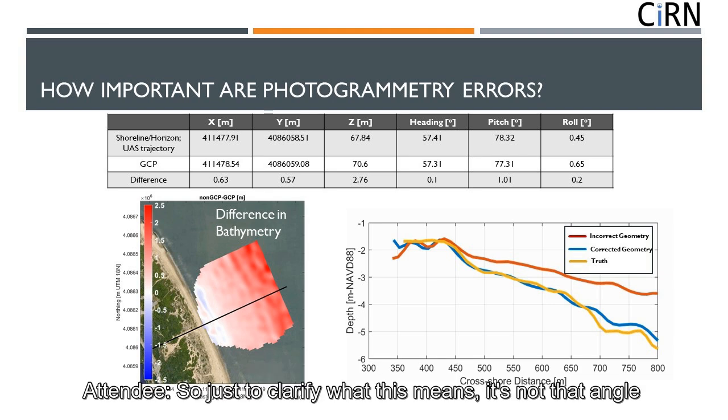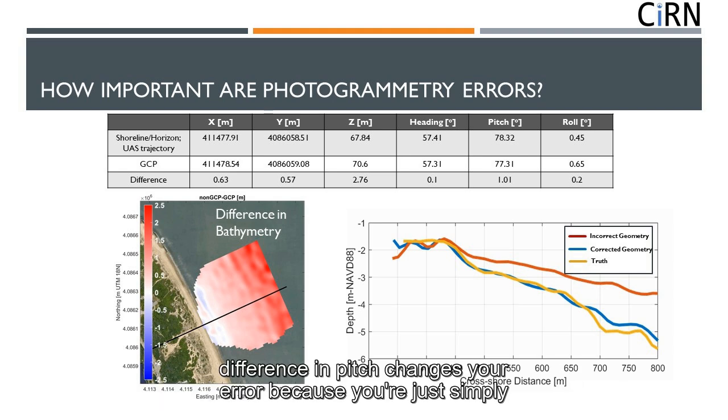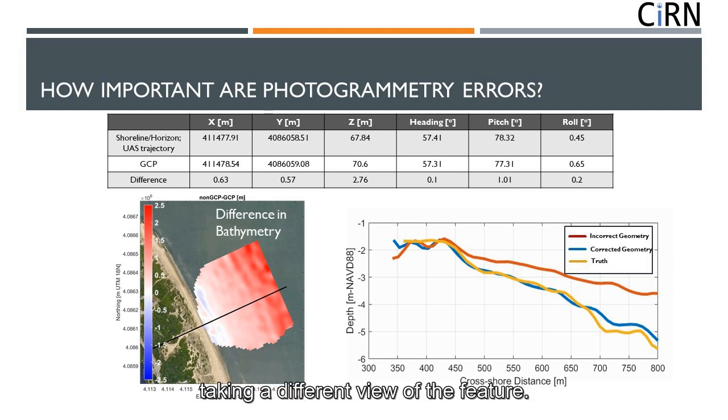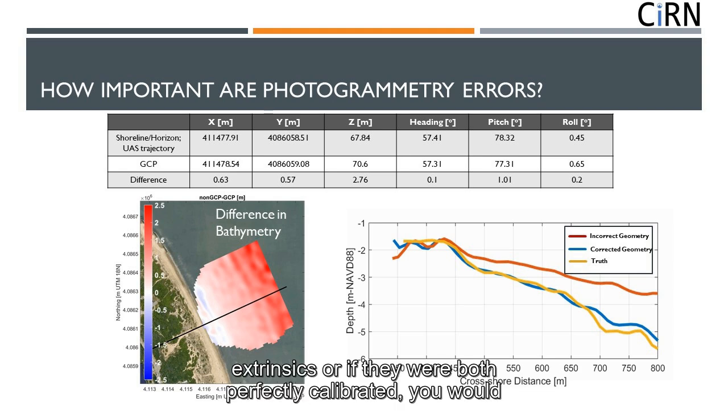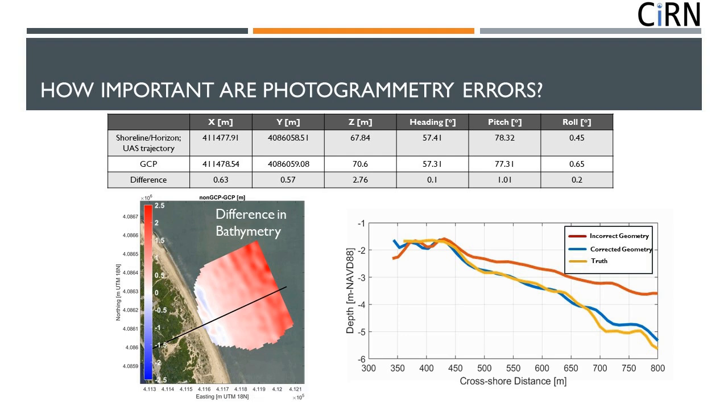Just to clarify what this means, it's not that an angle difference in pitch changes your error because you're just simply taking a different view of the feature. It's that you're not accounting for that 1 degree difference in the extrinsics, or if they were both perfectly calibrated, you would get similar errors.